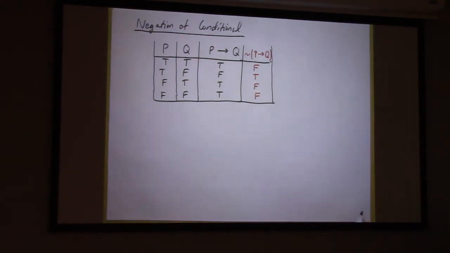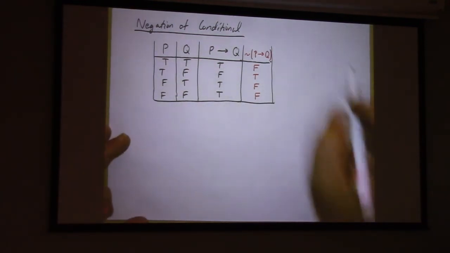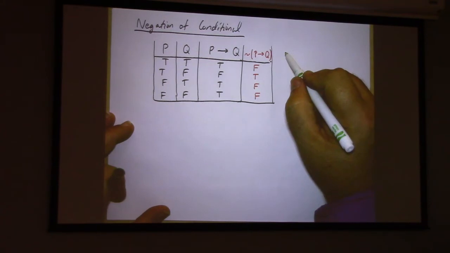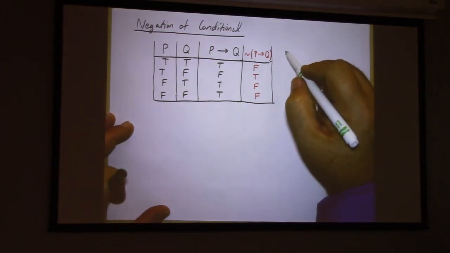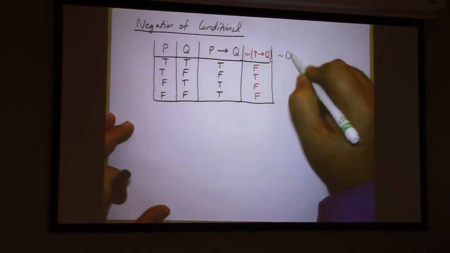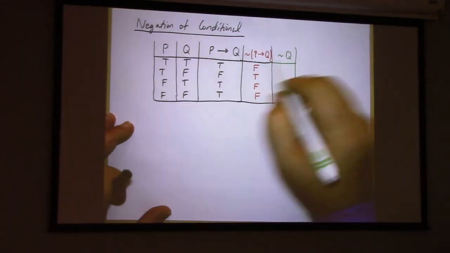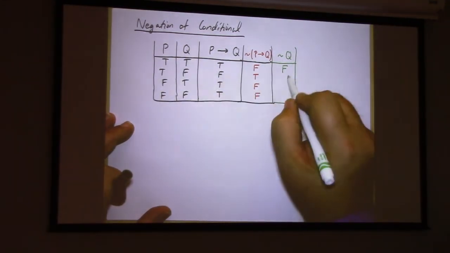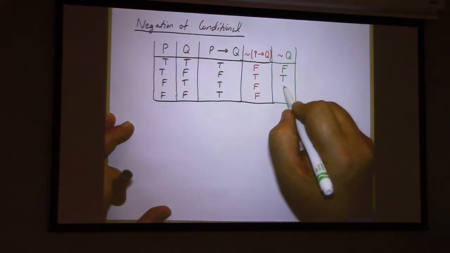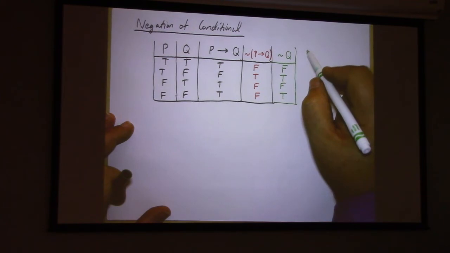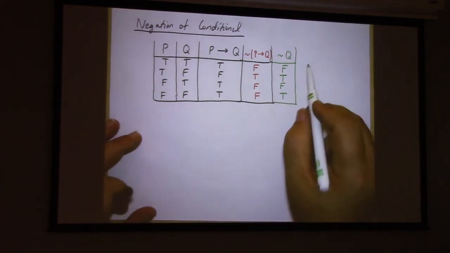Now we're going to compare that to P and not Q. So I guess I need to put in another column here. Let's put in the not Q. What's not Q look like? Not Q is false, true, false, true.